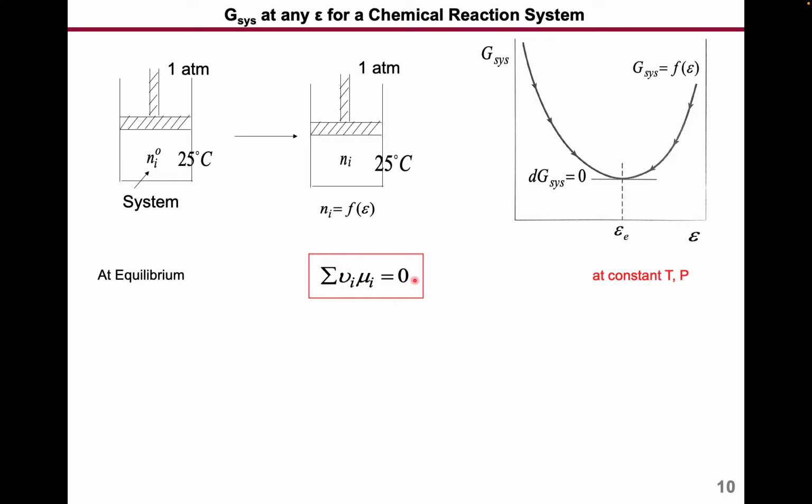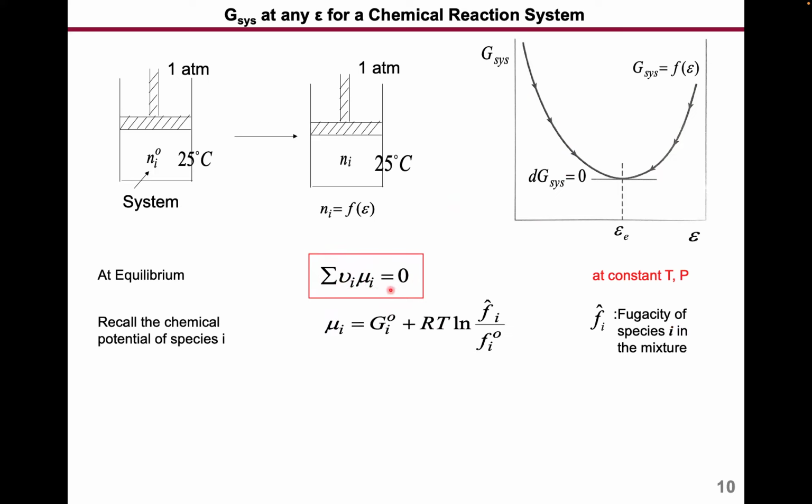Okay. Now we know what Vi is, and we already taught you how to calculate mu i. So recall the chemical potential of species i, mu i, is equal to Gi0 plus RT natural log of Fi hat divided by Fi0.